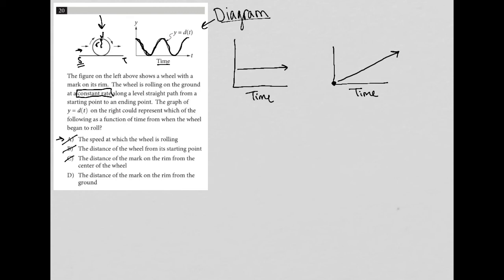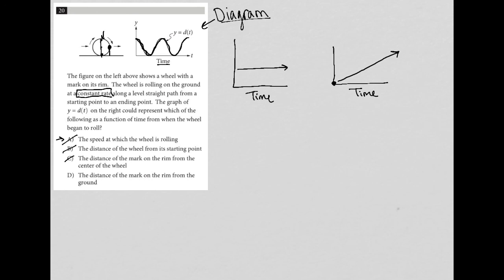Lastly, we have choice D, the distance of the mark on the rim from the ground. Well, now that starts to make a lot of sense, right? Because even right here, let's erase a lot of this so we can see this clearly. At this point, where the point is, it's this far, a diameter distance away from the ground. But as the wheel turns, let's say the point will become here, and that's a little bit closer to the ground.